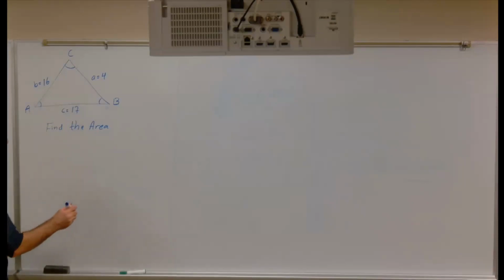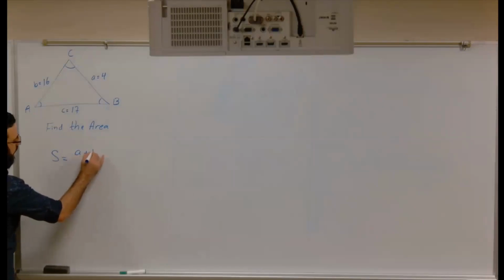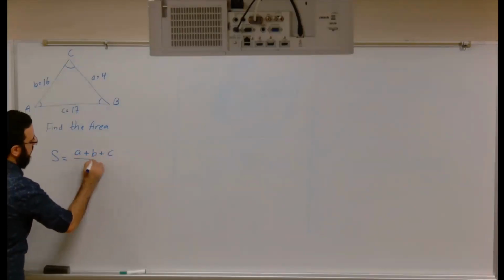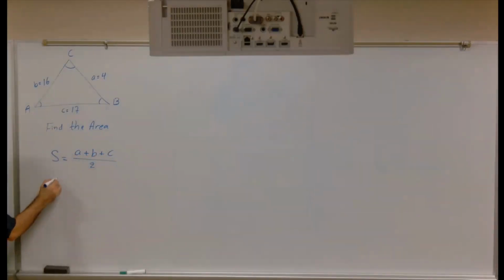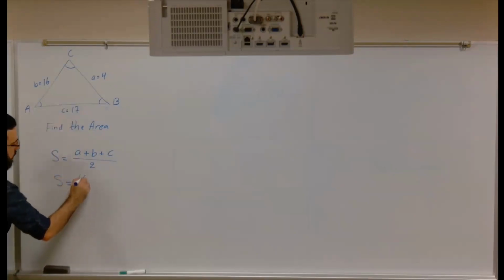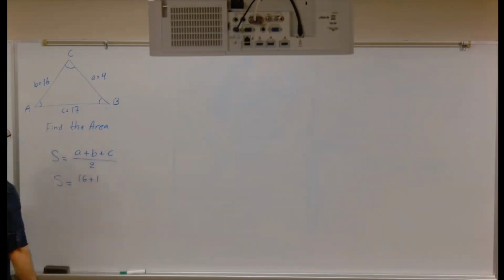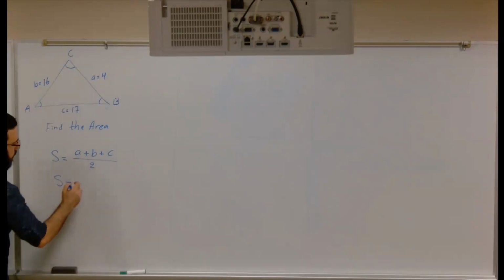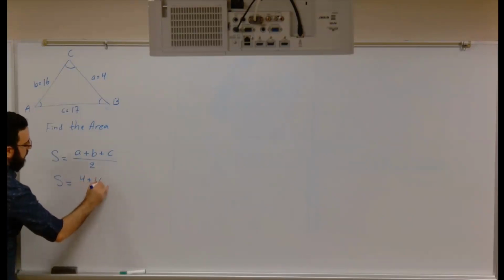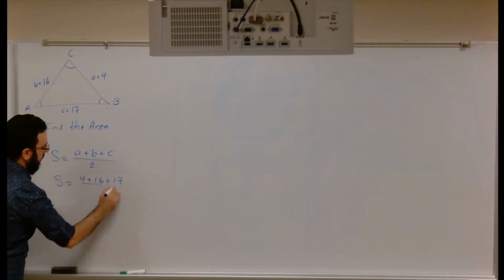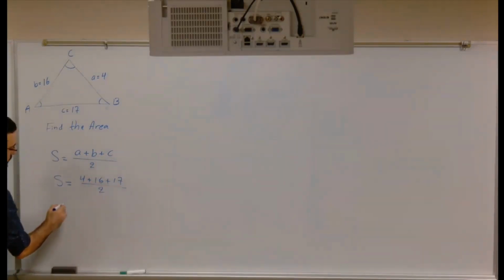The first thing I'm going to find is S equal A plus B plus C divided by 2. That means S is going to be equal A, 4, plus B, 16, plus C, 17, divided by 2.